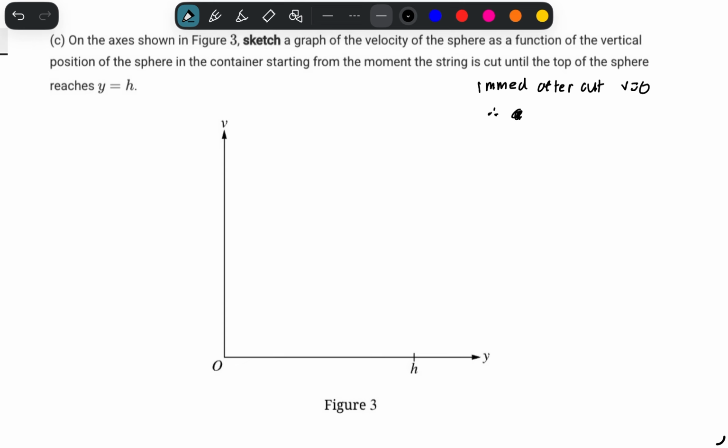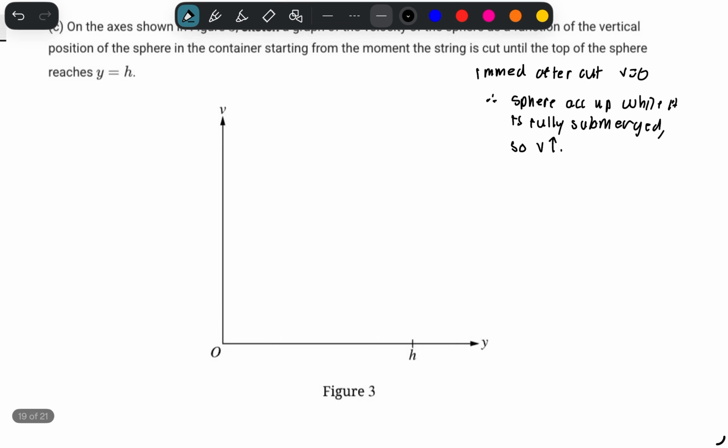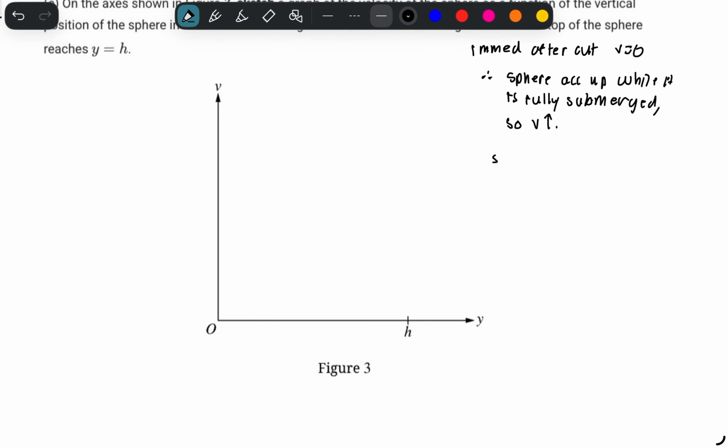Therefore, our sphere is going to accelerate up while it is fully submerged. So your velocity is going to increase because we know our acceleration is constant while our object is fully submerged.